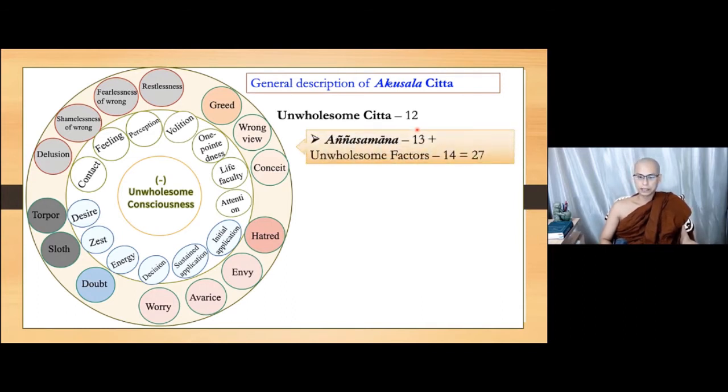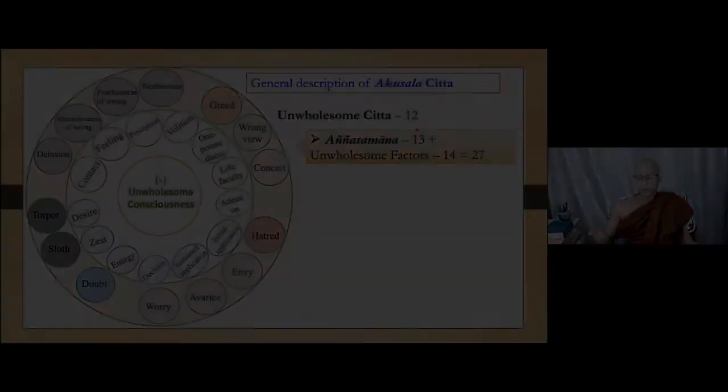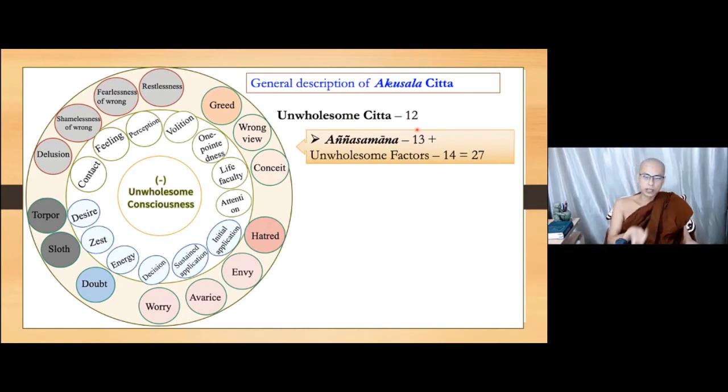Akusalam karoti, like this. Akusalam kata, having done unwholesome deeds and reborn in a miserable state, like this. At that moment, we can identify the 12 unwholesome citta.